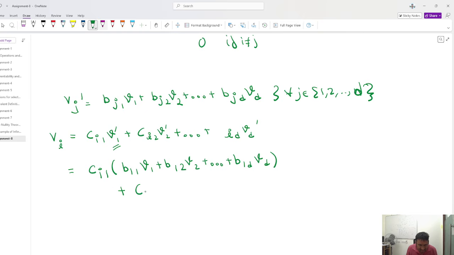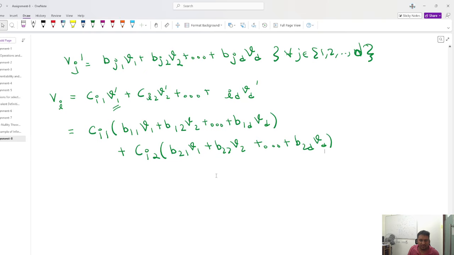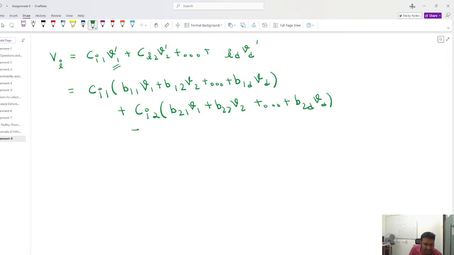Plus, similarly, CI2. The 2 prime value: B21 V1 plus B22 V2 plus dot B2D VD. See, now it will just matter of collecting terms together, and you will see the magic.